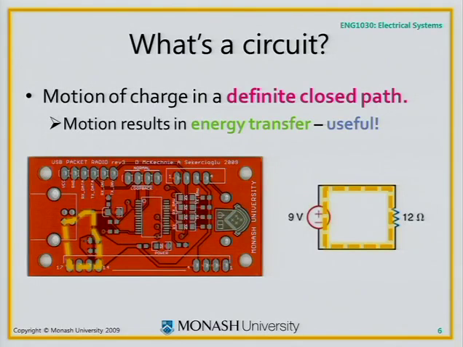So that's what we mean by an electrical circuit: motion of charge in a definite closed path. It can result in energy transfer between, for example, a battery and a lamp, and that can do useful things. But essentially, when we mention electrical circuits, it's flow of charge around closed paths. That's all that an electrical circuit is.